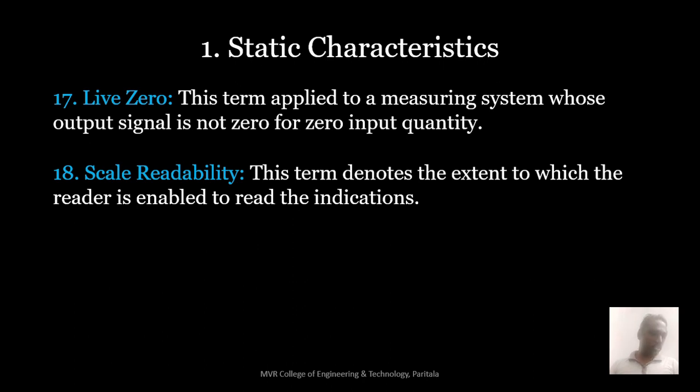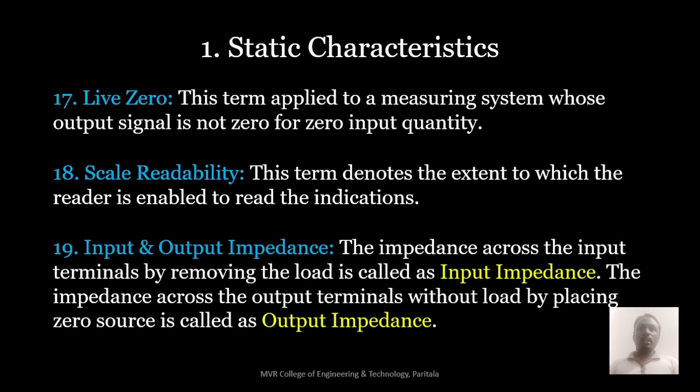So next one, the last of the characteristics, is input and output impedances. The impedance across the input terminals by removing the load is called input impedance. Let us remove the load from an electrical circuit and also remove the source and collect the resistance at the source side.